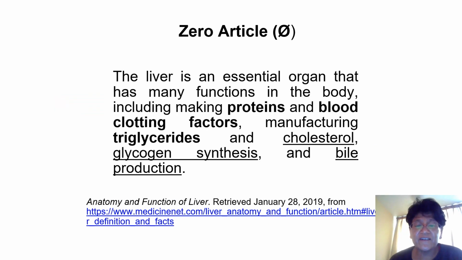The article is omitted or unnecessary, in other words, zero article, when generalizations are made either with plural count nouns or non-count nouns. Read carefully the following text.